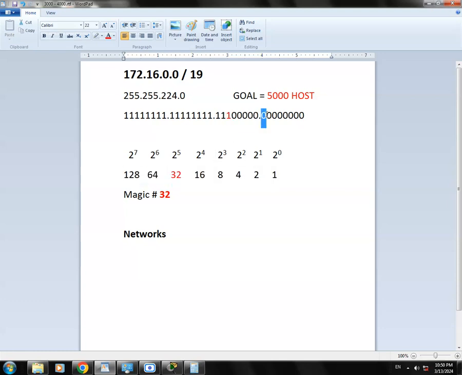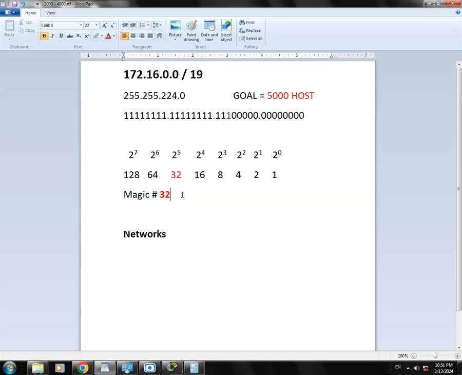We did not match it in here because it is just up to 128 if we go in here. We need 5,000 hosts, so we got 8,192. So definitely the magic number would be 32. If the magic number is 32, then we know that the network will go up by 32 on this portion, not on this portion.